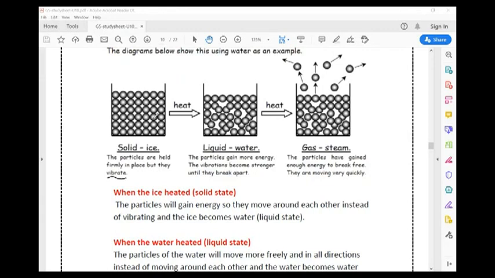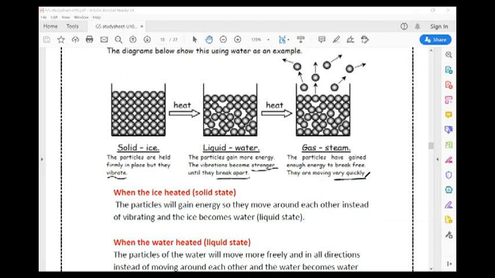The speed of particles increases by gaining heat energy, and they go away from each other. Then they change into liquid state. In liquid water, the particles gain more heat energy, the vibration becomes stronger until they break apart and the distances between the particles increase and change into gaseous state. The particles have gained enough heat energy to break free. They are moving very quickly.